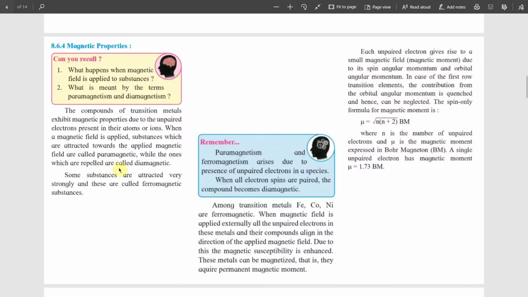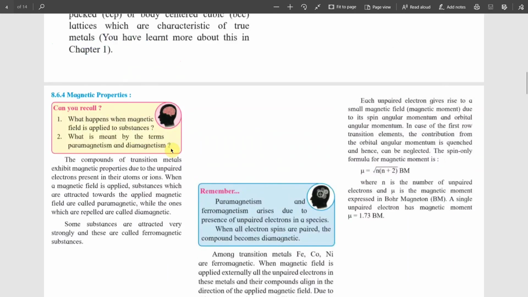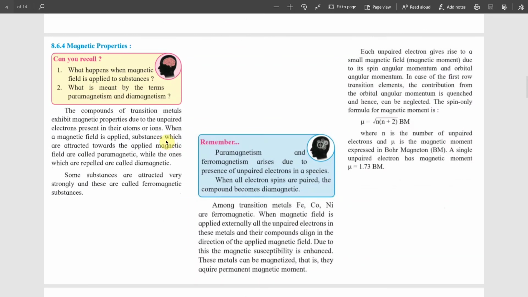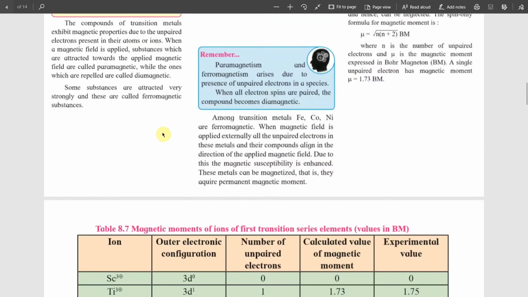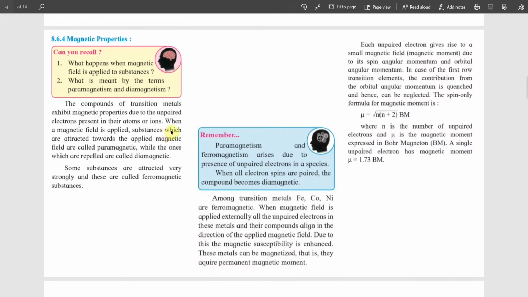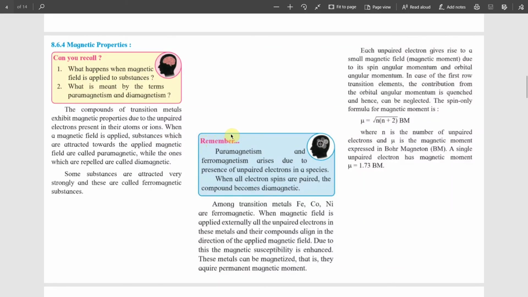When a magnetic field is applied, substances which are attracted toward the magnetic field are paramagnetic, while those which are repelled are called diamagnetic.